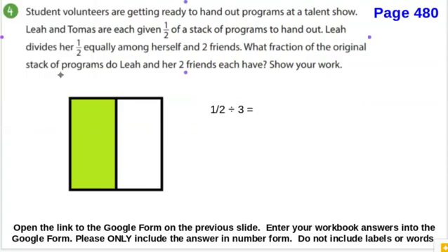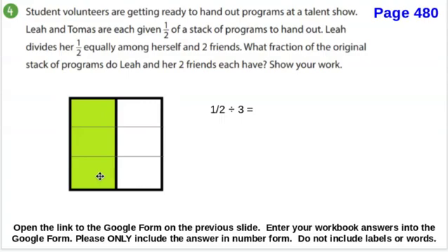So I go up, I grab my line here, and I'm going to cut it, again, to the best of my ability right here. And I have to make 3 equal parts. So you can see here's Leah's part, here's friend number 1's part, and friend number 2's part.